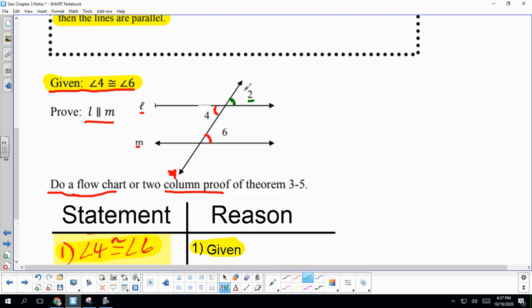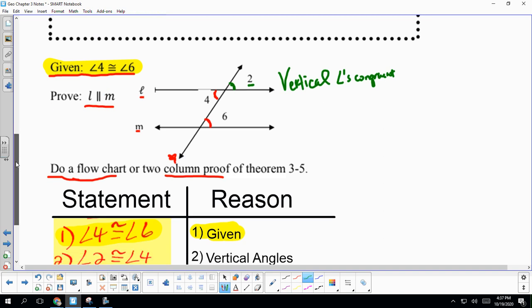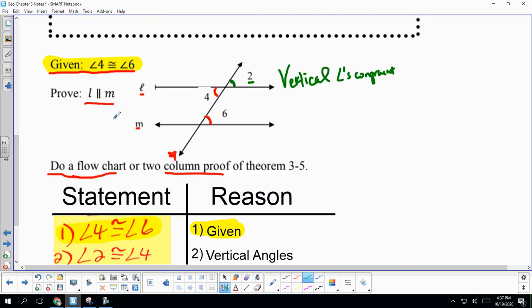What is it about angle 4 and angle 2? Oh, they are vertical angles. Vertical angles are congruent. So we're going to say angle 4 is congruent to angle 2, and the reason is because they're vertical angles.